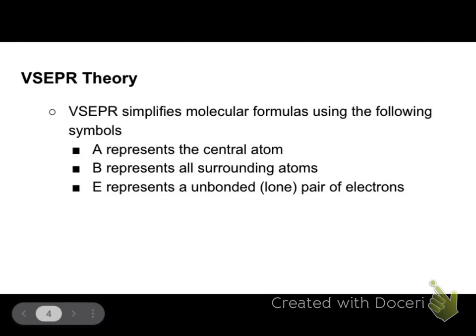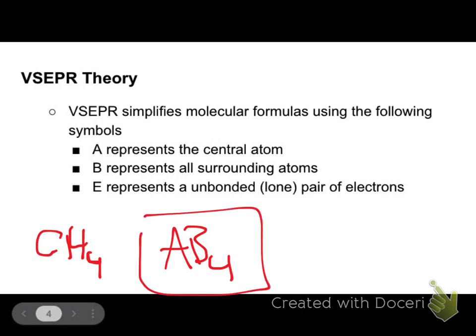Okay, so if they were going to do this for methane, which is CH4, they would say that it is an AB4 type of atom.